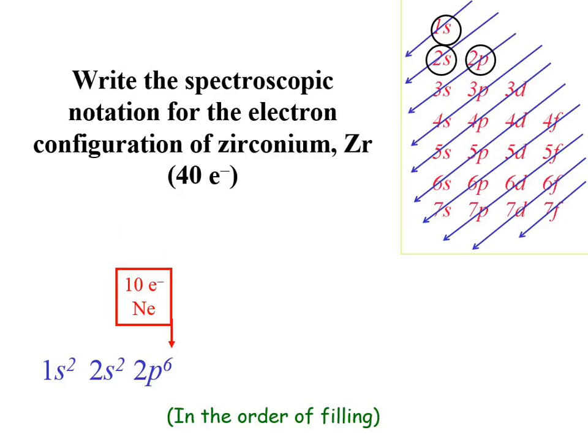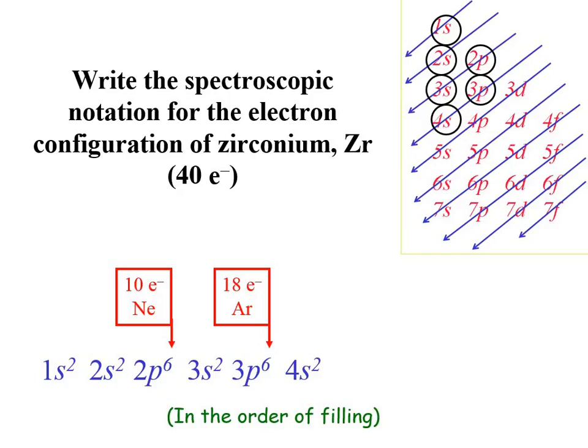So I'm actually going to kind of book all the way through argon. So then we go 3s2, 3p6, and we've reached argon, 18 electrons. And we only needed 1 electron in 4s before, but we've got to keep going. So we're going to completely fill the 4s, so it'll be 4s2.